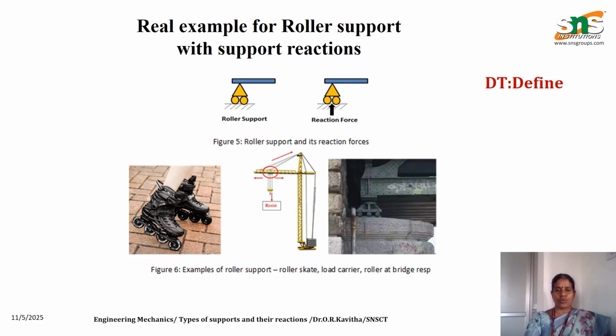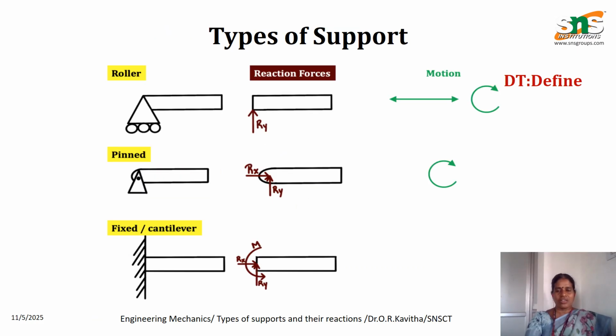And this is a roller support. If I take this roller, it can be moved here and there, but you can't move it vertically, and I can't rotate it. So here it will create only one reaction. These are the real-time examples for the different types of rollers. I'll summarize this.